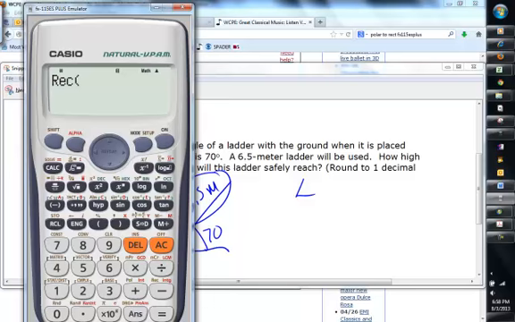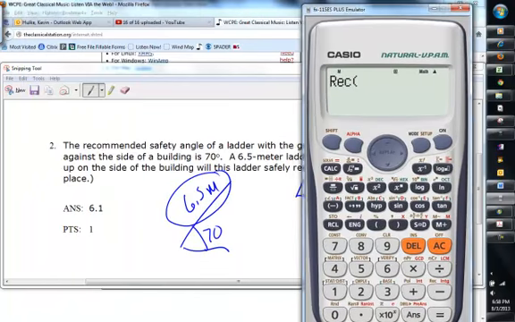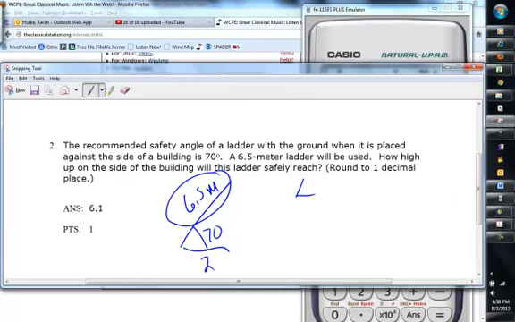We've got a 6.5 meter at an angle, so shift comma, at an angle of 70 degrees, and we're going to go over 2.2 and up 6.1. And that is our answer, 6.1. Next one.